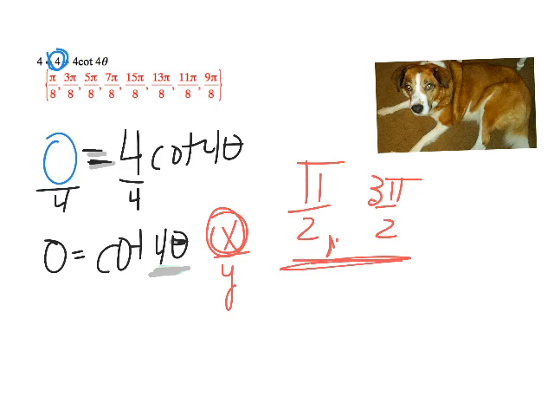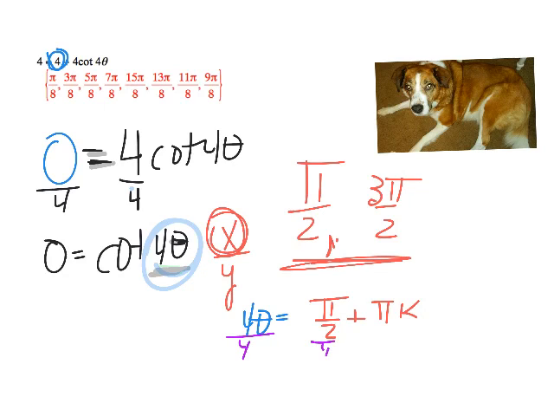These are on a straight line, so you can write that as pi over 2 plus pi k, and set it equal to this 4 theta. So 4 theta equals pi over 2 plus pi k.